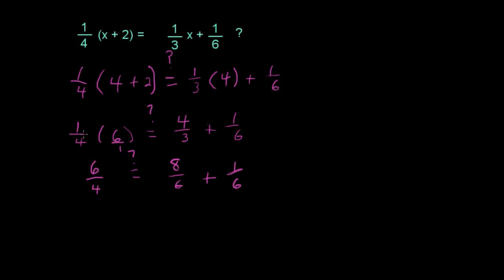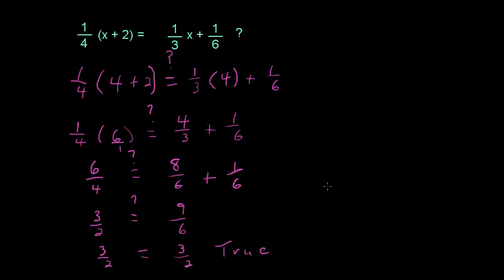Now let's continue on and simplify the left side over here. Write something that's an equivalent fraction in simpler form. You could reduce that 6/4 down to 3/2, and 8/6 plus 1/6, you just add the numerators and you get 9/6. And finally, if we look at this 9/6, if you divide 3 into both the numerator and the denominator, that reduces to 3 over 2.